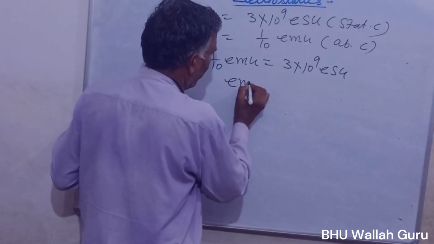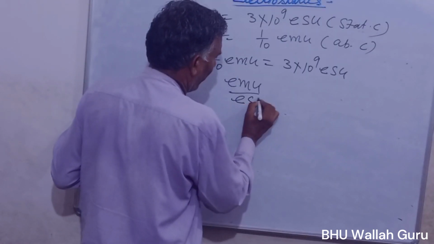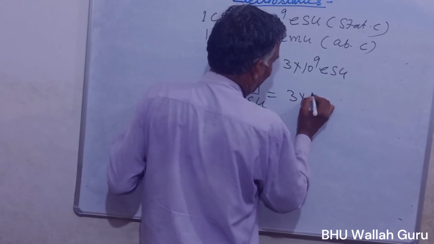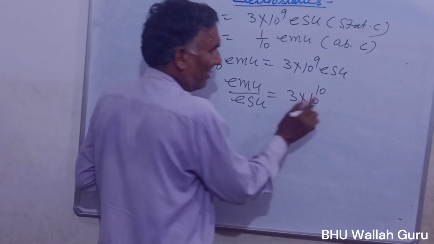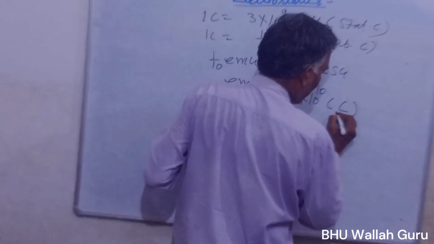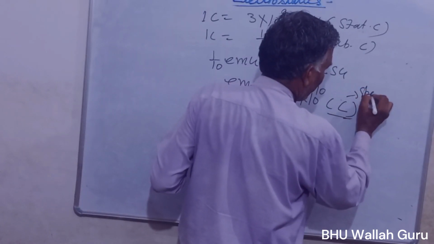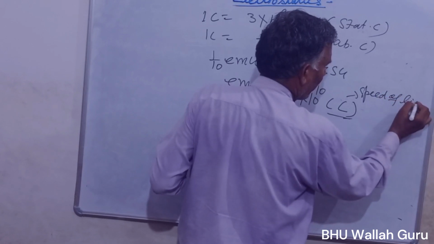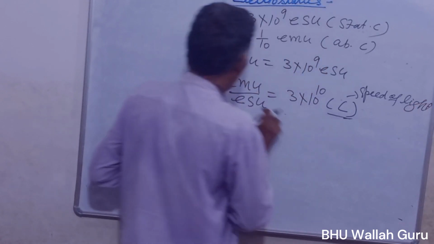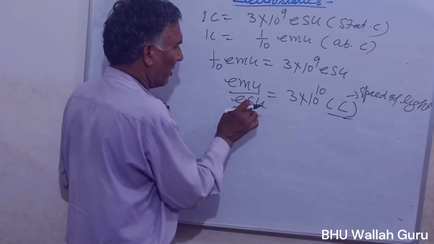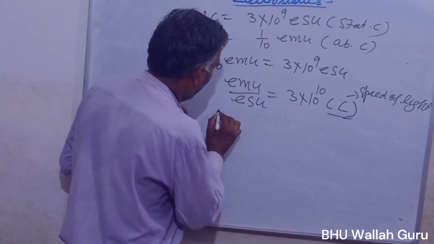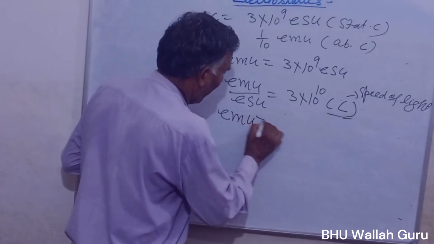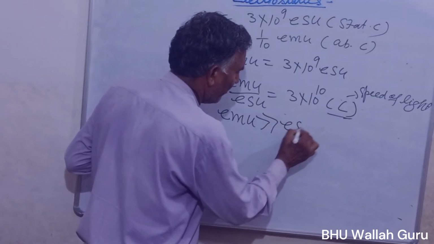So EMU upon ESU is equal to 3 times 10 to the power 10, which is the speed of light C in CGS. The ratio of EMU and ESU is a very large quantity, so EMU is much greater than ESU.